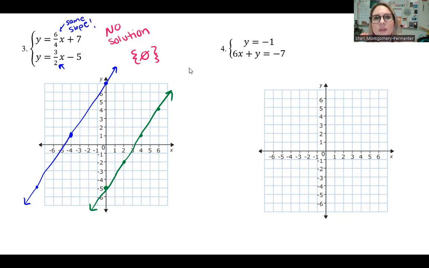I'll show you. The next graphs, we'll start with the top one. This one's different. It just has a y. y equals -1. Is there any x at all? No, just the first equation. There is no x. Well, we know that when we're graphing these, we can start with the y-intercept, and there is a y.